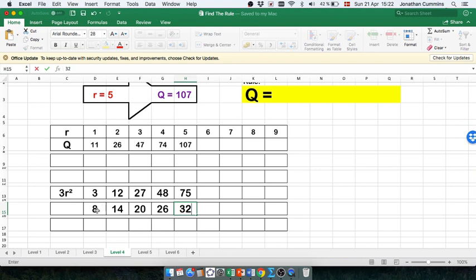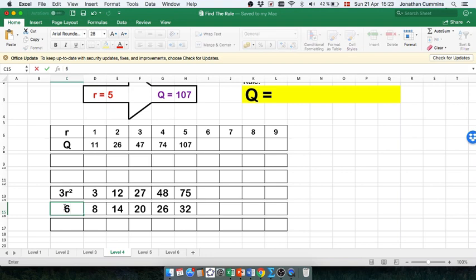So if we can get a pattern for these numbers that we need to add on, then we're almost there. Well, if these are going up by 6 every time the r's go up by 1, then it could have something to do with 6r.